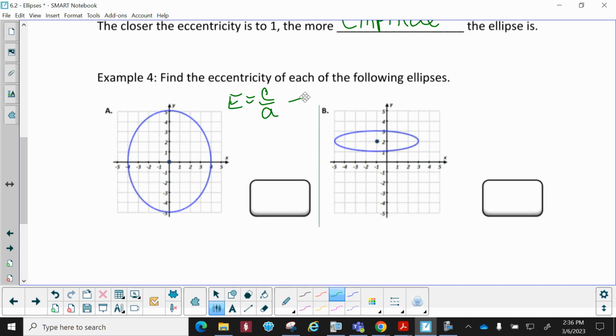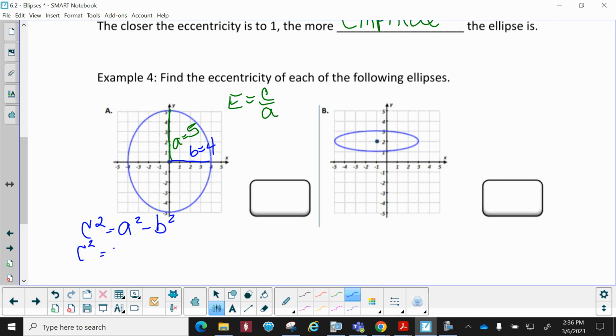So we know that the eccentricity is C divided by A. Okay, well, what is C? We don't know what C is yet, but we do know what A is, and we do know what B is. So let's see. A is going to be 5. And B is going to be 4. And I know that C squared equals A squared minus B squared.